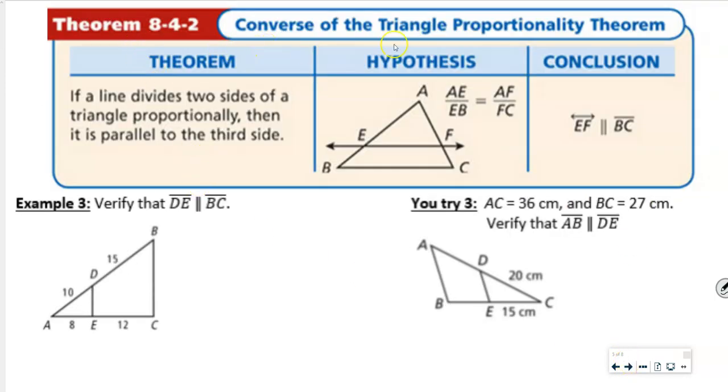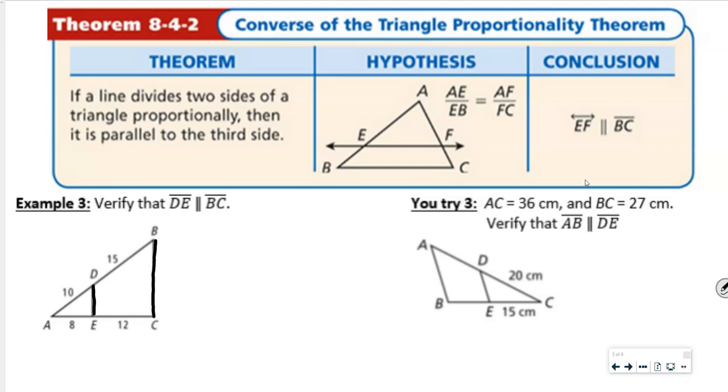All right, this next one says converse of triangle proportionality theorem. So this says if a line divides two sides of a triangle proportionally, then it is parallel to the third side. So this time what you're proving is that if AE over EB is equal to AF over FC, then the lines are parallel, okay? So we're going to determine if DE is parallel with BC right there, okay?